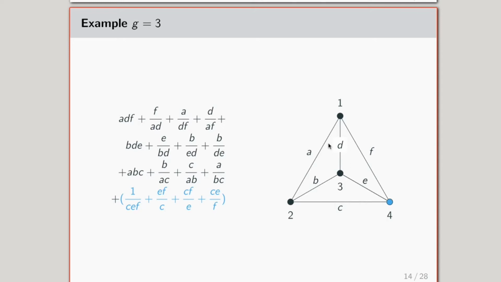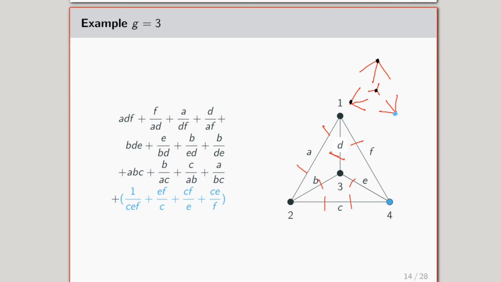So take your half edges, cut them here, cut them here, cut them here. So then locally it looks like this, like this, like this. So you just add up for all the 4 vertices, and there you will get the graph potential function.